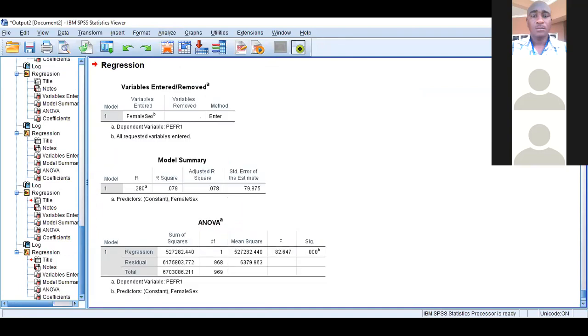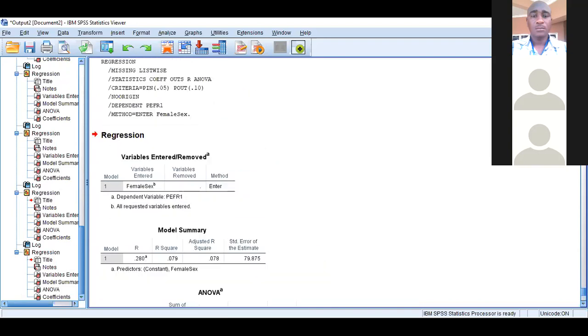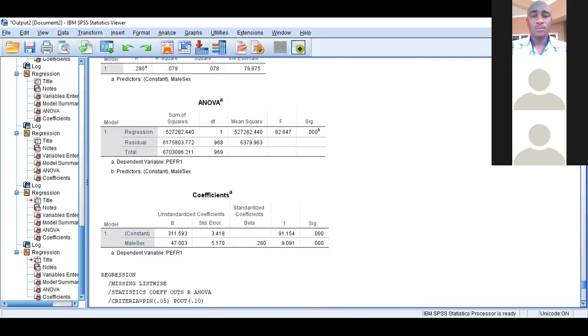Can you see the R square is the same 7.9? The coefficient is the same value 47, but it is minus. If you look at the T, everything will be the same, but the T here will be negative. It's the sign that changed.